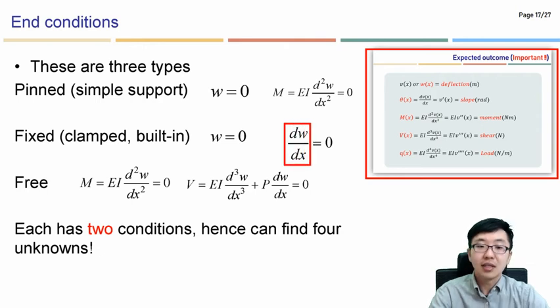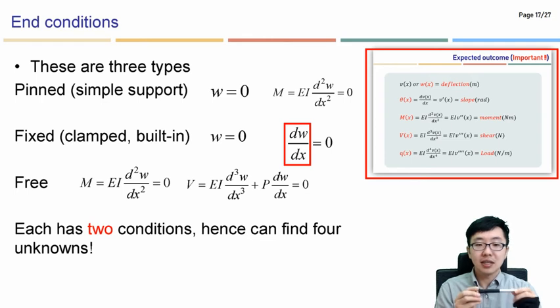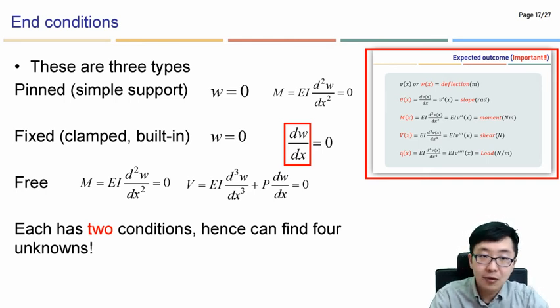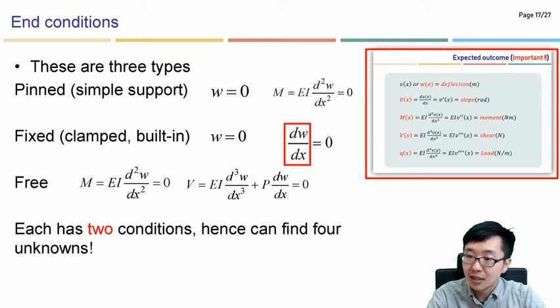Free condition is like our ship conditions from front and the end. So the moment should be 0, because in this case, why they are not talking about deflection and slope is because it is free. We have nothing.